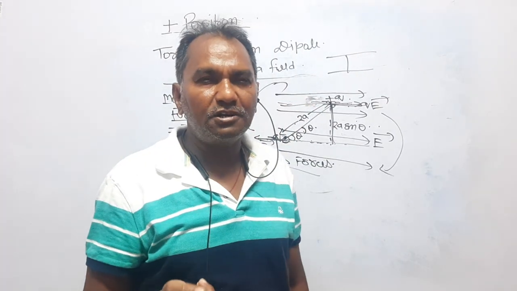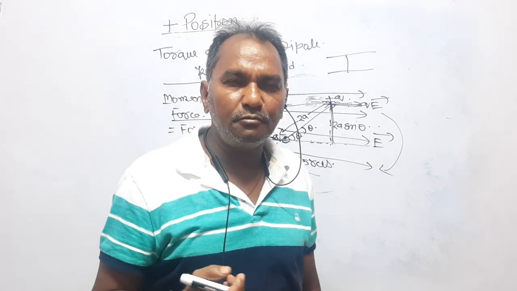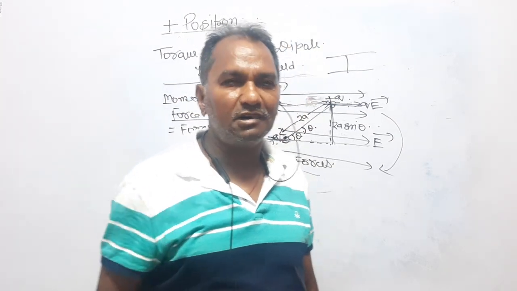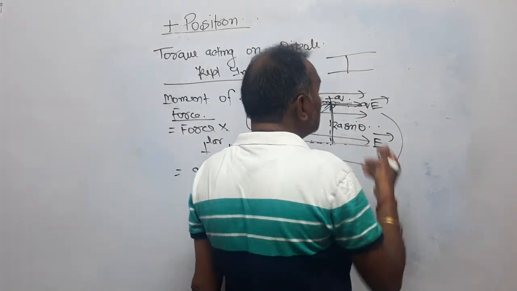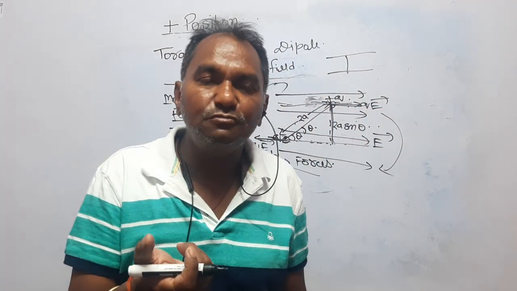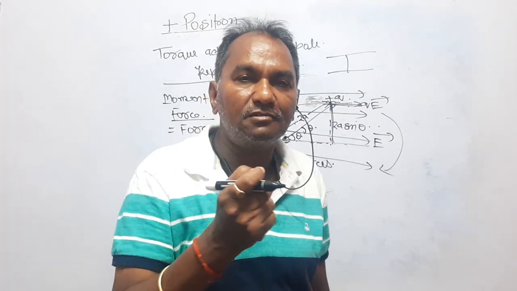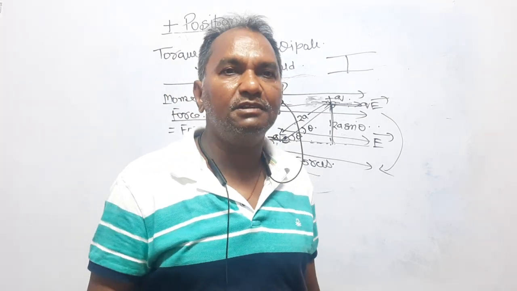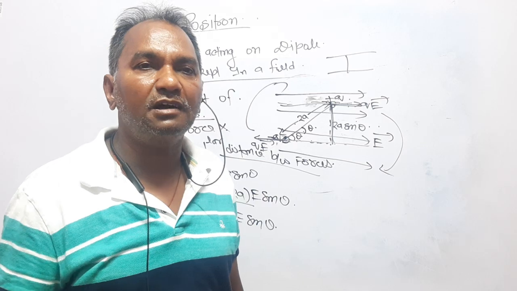In the case of linear motion, you require force. In the case of rotational motion, you require torque, right? Moment of any physical quantity is what? Just take the cross product of that quantity with the position vector r, that will turn into moment.